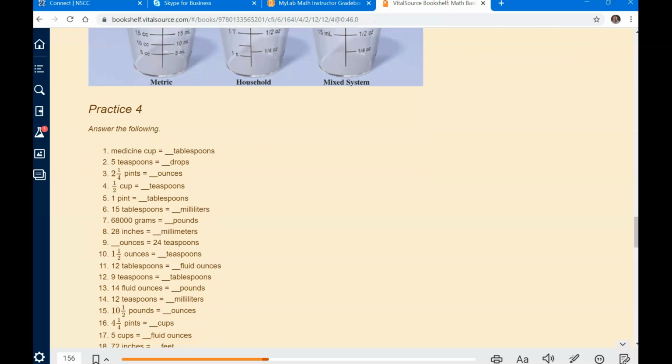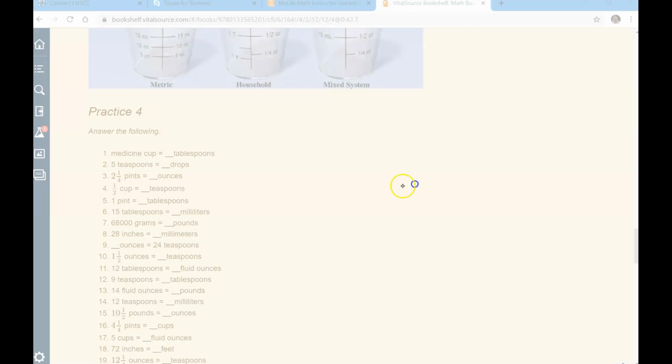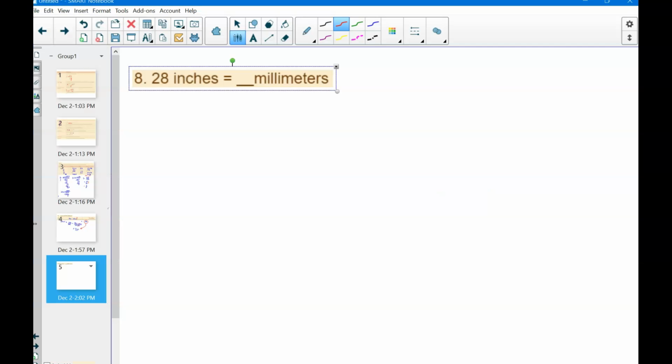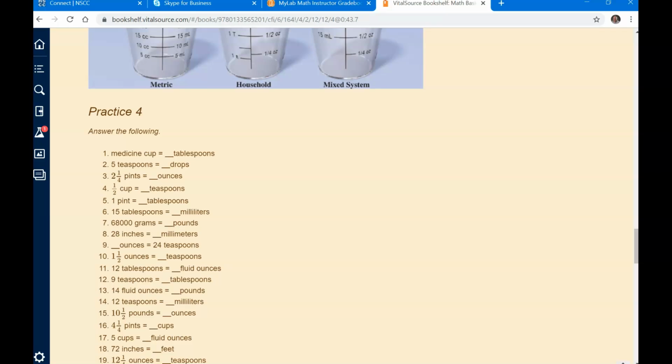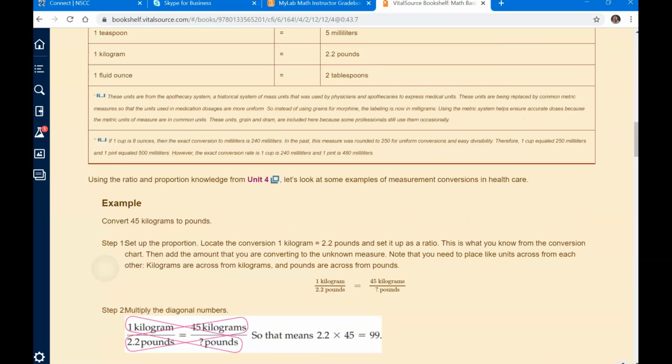Let's look at this one here. 28 inches into millimeters. Oh no! Is there a connection between millimeters and inches? Look at our little sheet back here, and we'll find out.